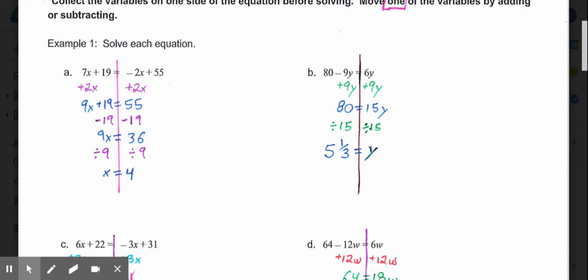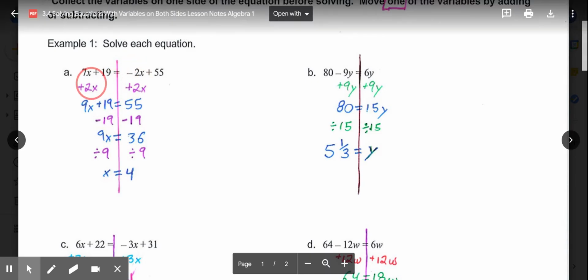Usually what I look at is which way can I go to keep it a positive variable, but honestly, it doesn't matter. If I wanted to add 2x to each side to cancel out the negative 2x, I could do that. Or if I decided to subtract 7x from each side to get rid of the positive 7x, I could do that. But what I look at is which way can I go to keep my variable positive.